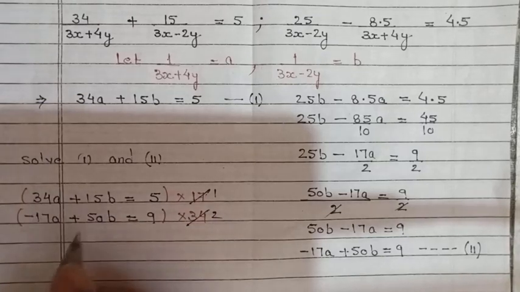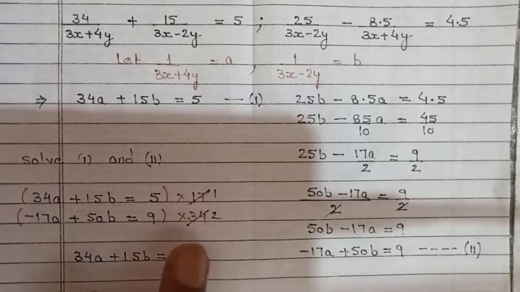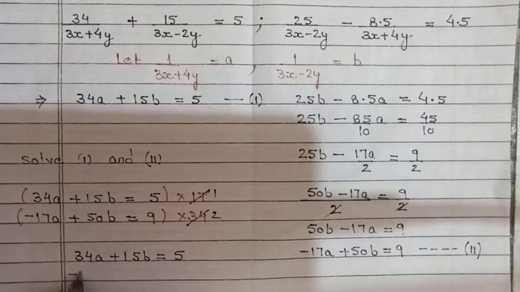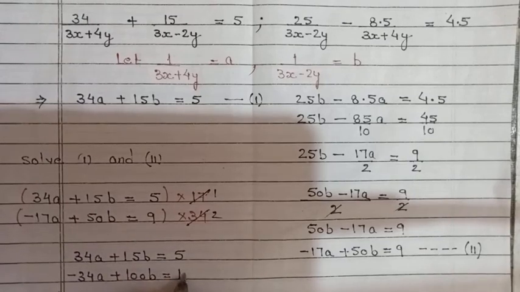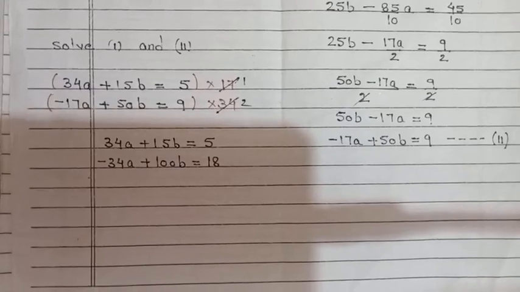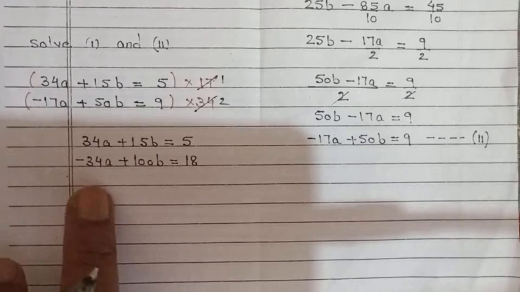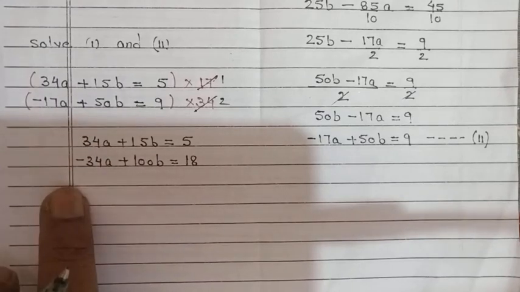So let's multiply the first one by 1. So you will be getting 34a plus 15b is equal to 5. The second one will be multiplied by 2: minus 34a plus 100b is equal to 18. Now you can see in these two equations, the coefficients of a are the same with opposite sign.